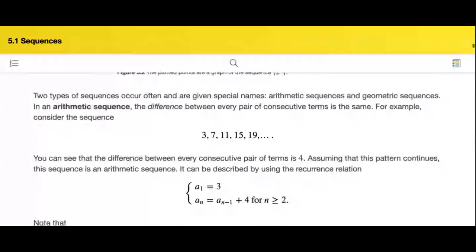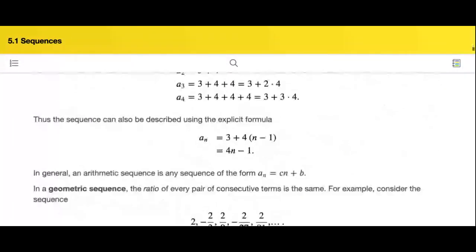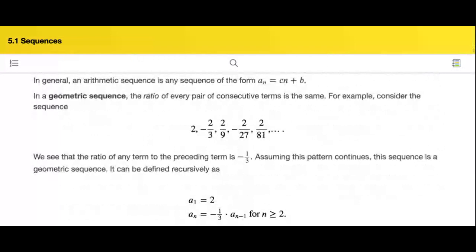Versus a geometric sequence. In a geometric sequence we multiply. So 2 to negative 2/3, we could clearly see 2 multiplied by negative 1/3. Then negative 2/3 multiplied by negative 1/3 is 2/9.